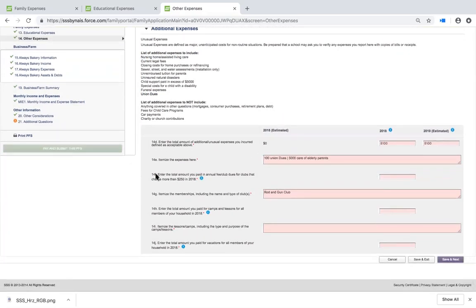Next, let's move on to 14F, which is the total amount paid in club fees that exceeds $250. Ours is right on the limit. So we have $300 that we're going to document in club fees for a rod and gun club, and that is $250 for each parent.